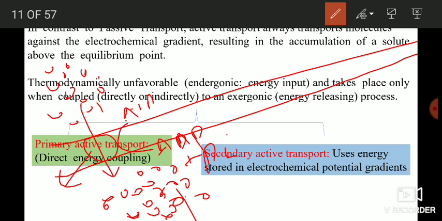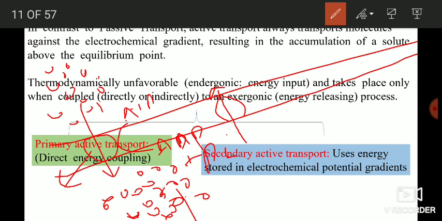Now, what is secondary active transport? That type of active transport in which the energy which is stored in electrochemical potential gradients is used to drive the movement of molecules from lower concentration to higher concentration is known as secondary active transport. Say for example, this is an H positive ATPase pump.